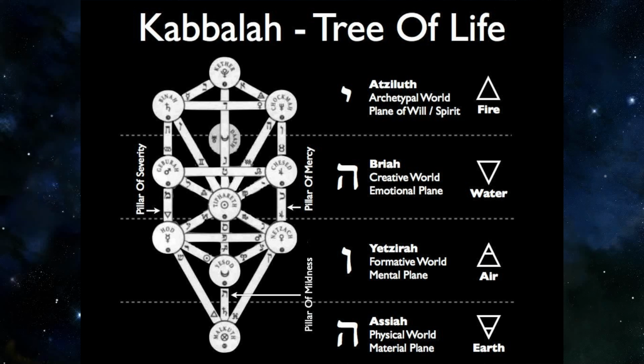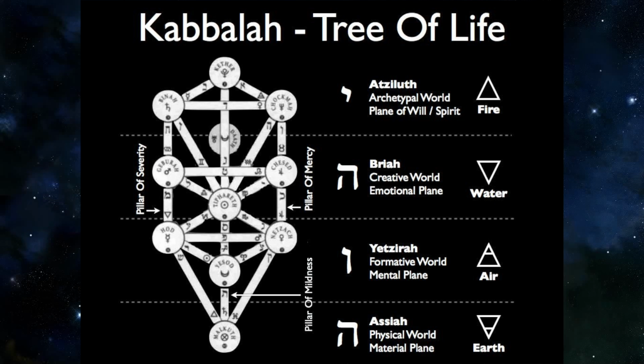So, earth, air, water, and fire are how the alchemical attributions progress in upward progression, earth being the lowest and fire being the highest. These correspond to the four worlds in Kabbalah, with Asiyah being the lowest on the physical or material plane, and then Yetzirah above that, which is the formative world, the world of formation, which is where ideas begin to take shape.